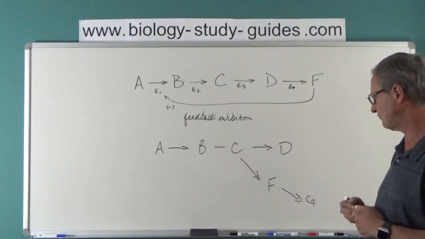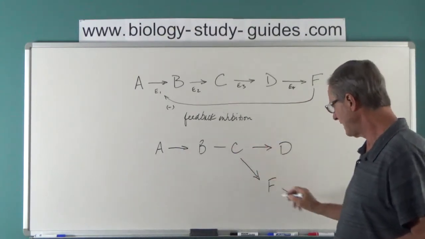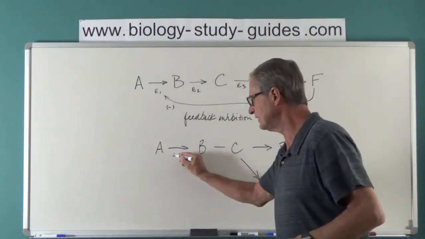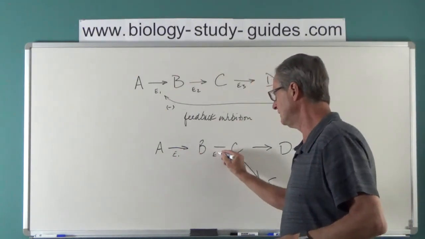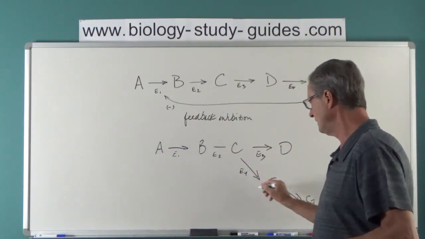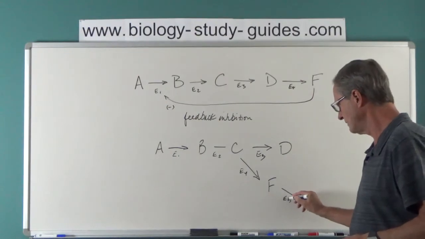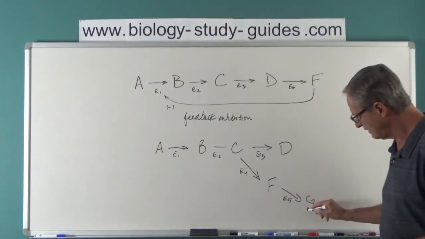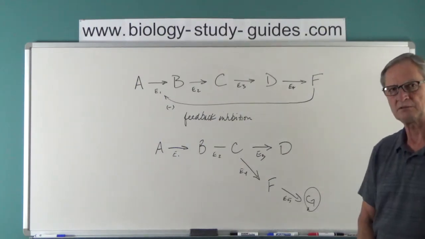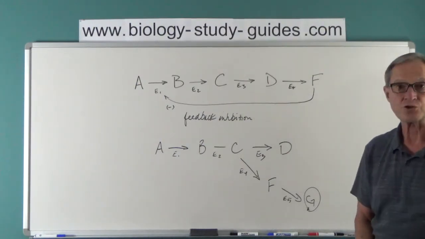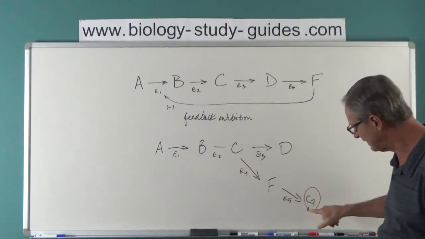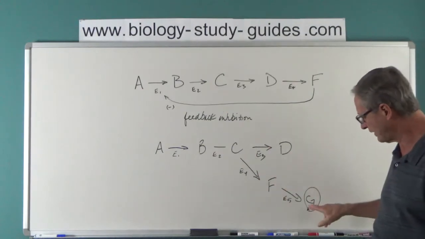Well, what happens if we don't need any more G? We'll put enzymes on here: E1, E2, E3, E4, E5. Can you see which enzyme product G would inhibit? The answer is E4, because that's the first enzyme which is dedicated to the production of G.